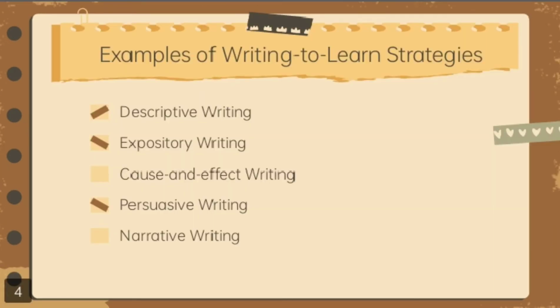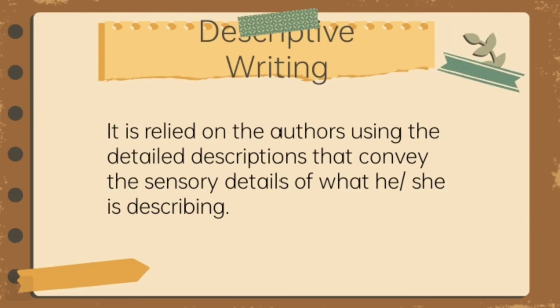Under writing to learn strategies, we have examples of descriptive writing, expository writing, cause and effect writing, persuasive writing, and narrative writing. So now let us first discuss what is descriptive writing. It relies on the author using detailed descriptions that convey the sensory details of what he or she is describing.